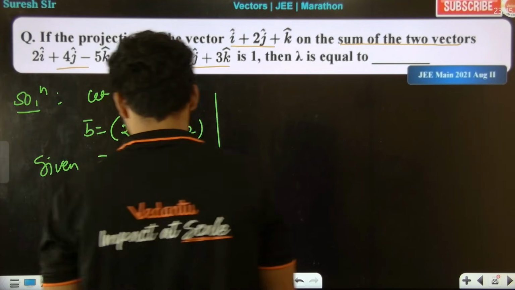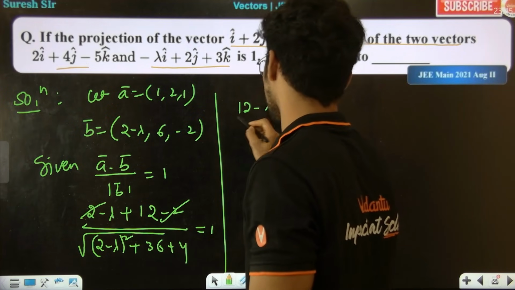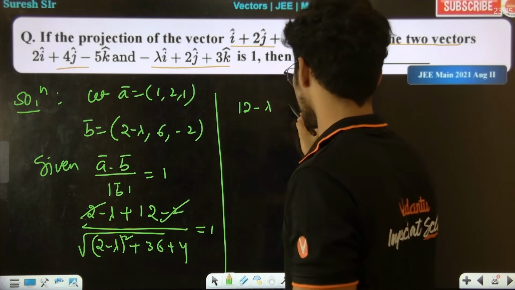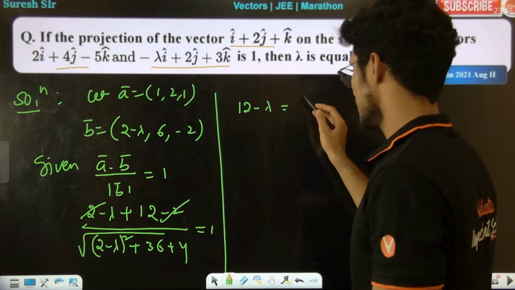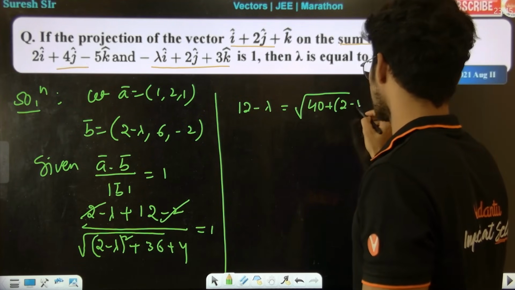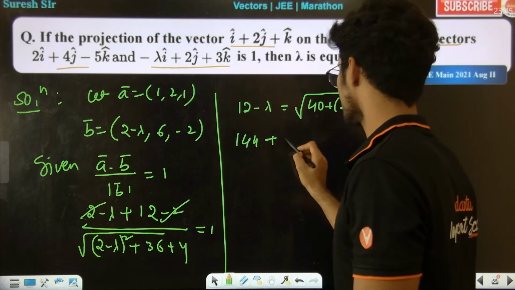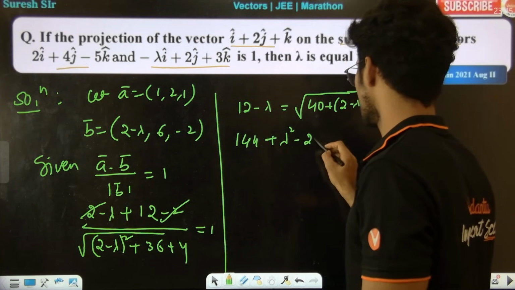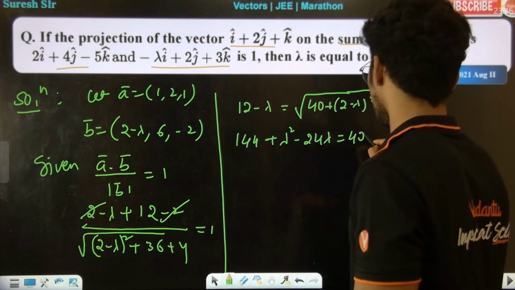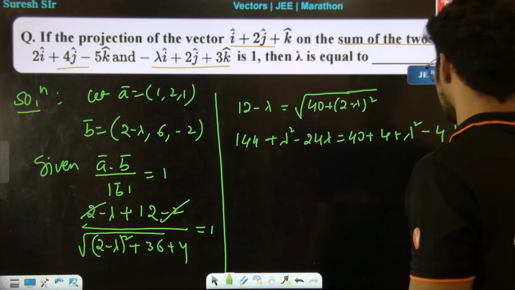Now the numerator is 12 minus lambda. Cross multiplying directly, 12 minus lambda is equal to the square root of 40 plus (2 minus lambda) whole square. Squaring on both sides, 144 minus 24 lambda plus lambda square equals 40 plus 4 plus lambda square minus 4 lambda.